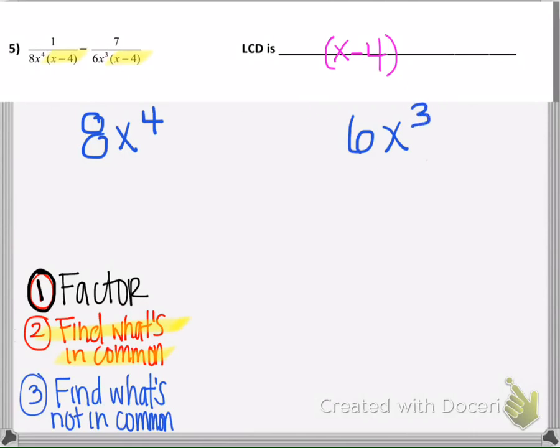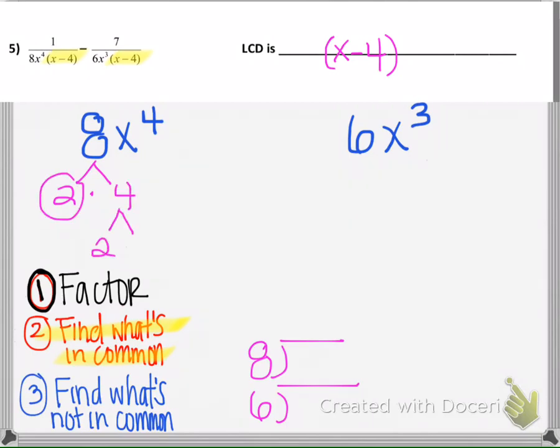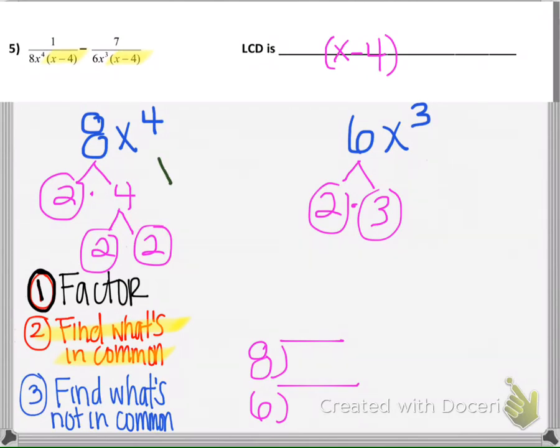So some of you, again, may know what 8 goes into and 6 can go into, the smallest number. If you don't, we can break this into prime factors. Here we have 4 x's being multiplied, and here we have 3.